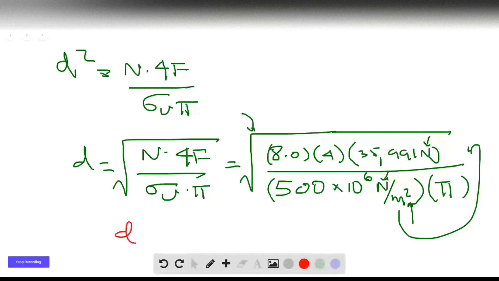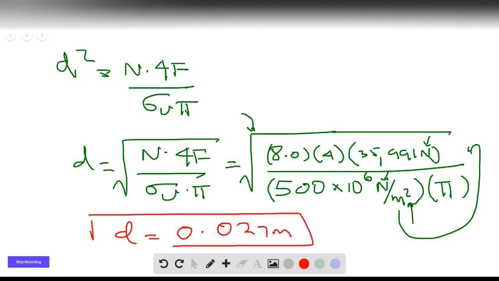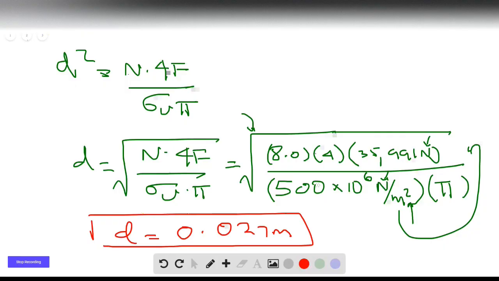So our final answer, when we simplify that problem, becomes 0.027 meters. So that's the solution to the problem.